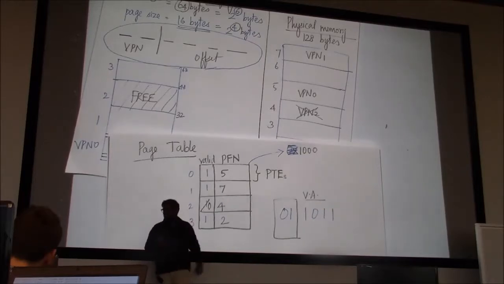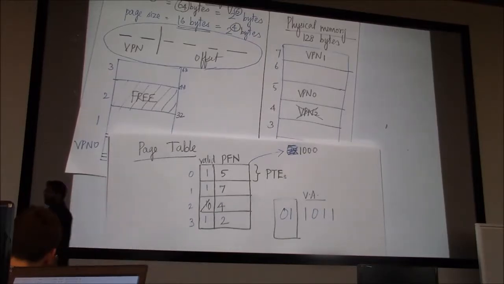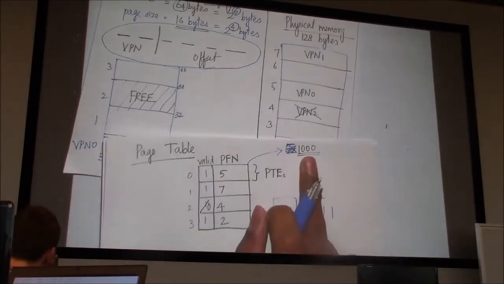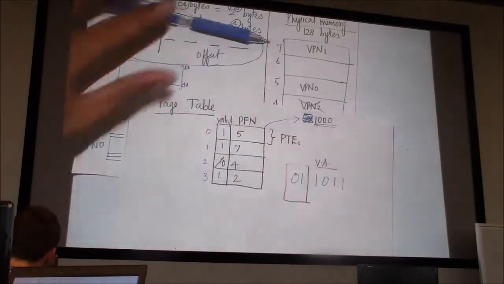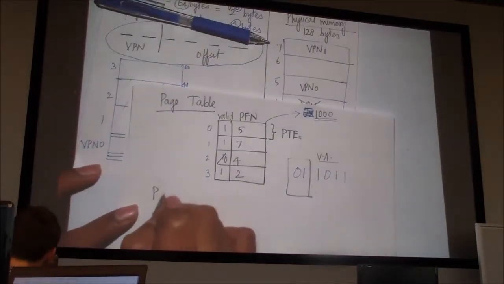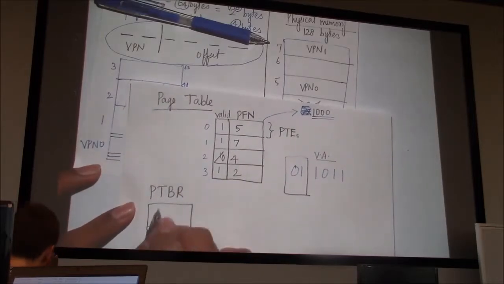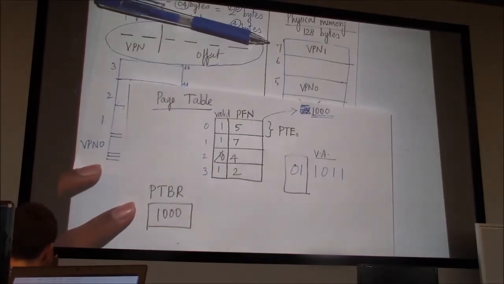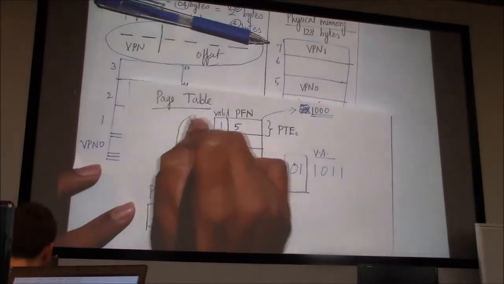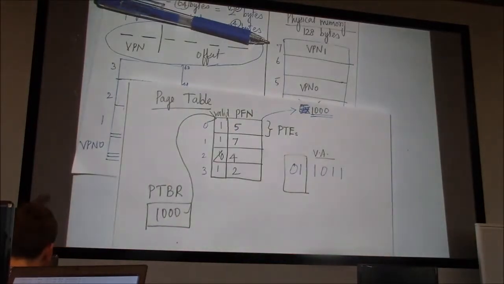The way the hardware does this is it has the starting address of this page table in a register called the page table base register. It's called PTBR. The PTBR currently will have the address of 1000, which just means this register is a pointer to the starting address of the page table.